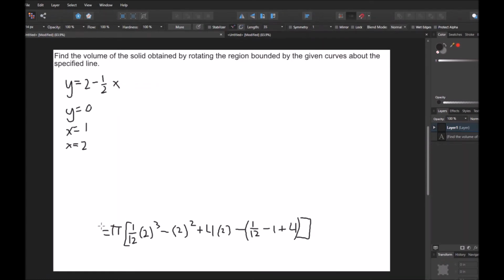Okay, so if we bring this back up here and do some simplification, we're going to have pi times 1/12 times 8 minus 4 and then plus 8. And then that's going to be minus 1/12 plus 3.